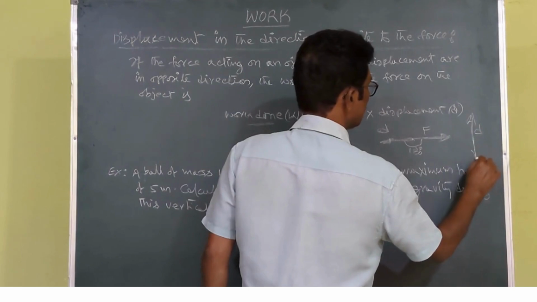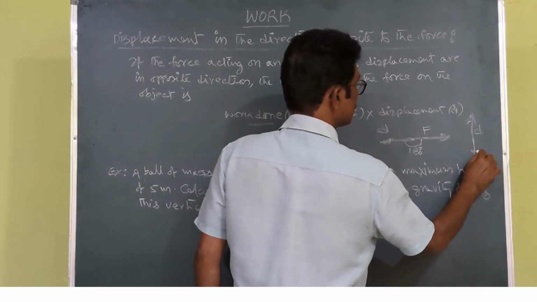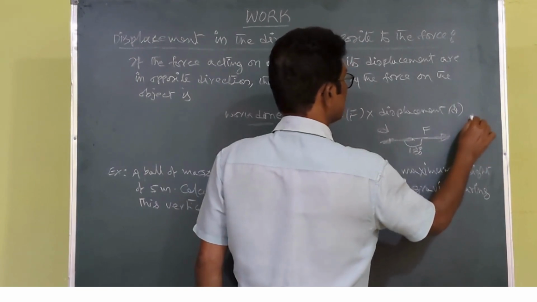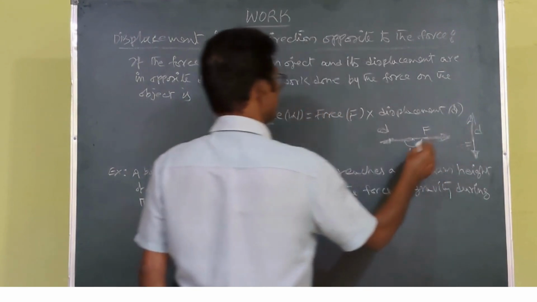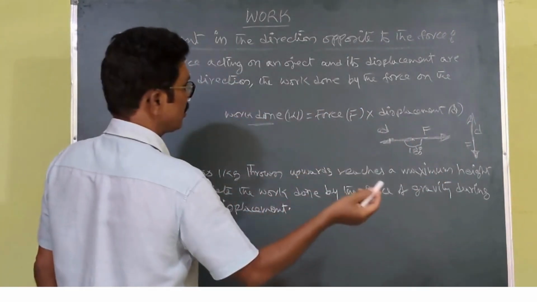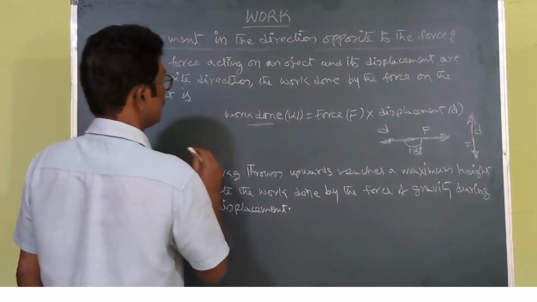The gravitational force is pulling in the downward direction. So the force is in this direction and the displacement is in this direction, which is why they are opposite.